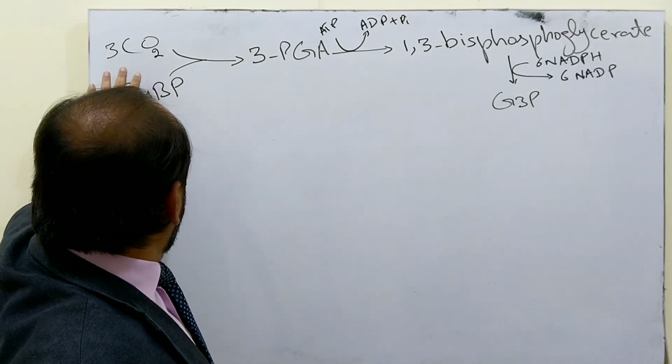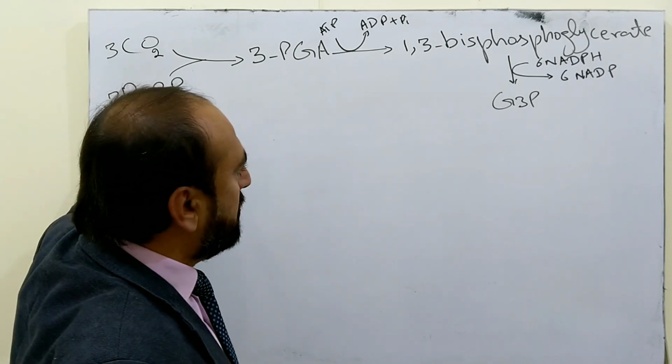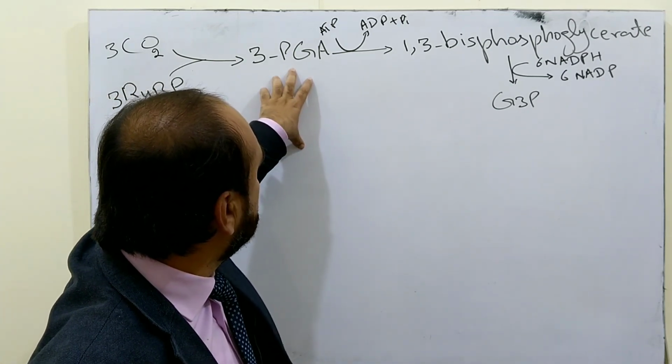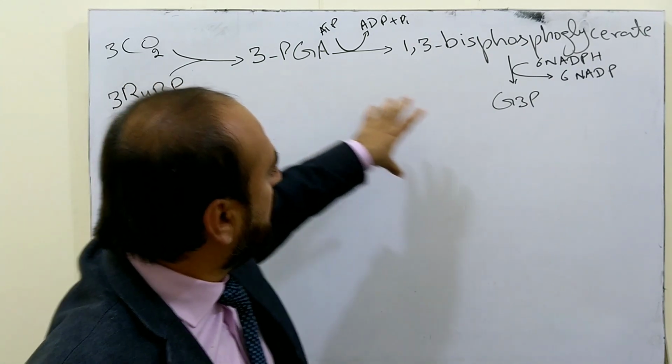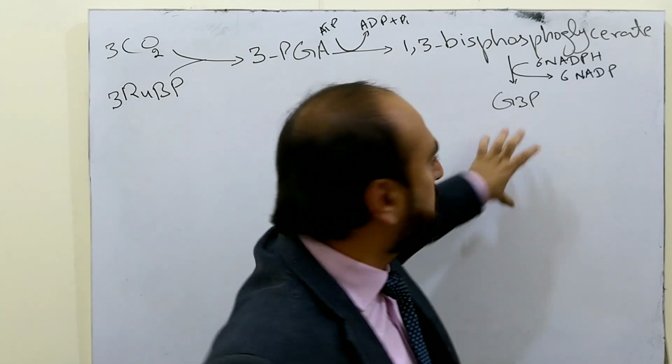As I told you, 3 molecules of carbon dioxide are added to 3 molecules of RUBP, so we make 6 molecules of 3-carbon sugar 3PGA, which are reduced to 6 molecules of G3P.